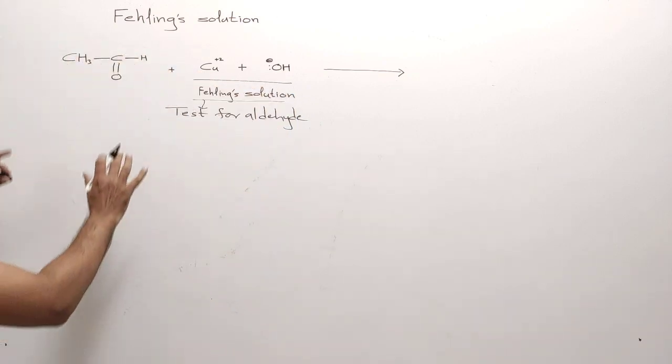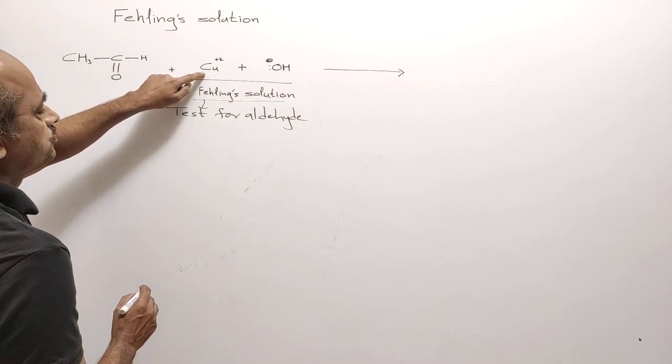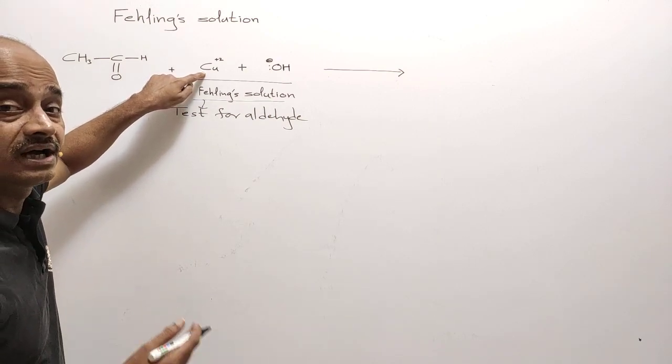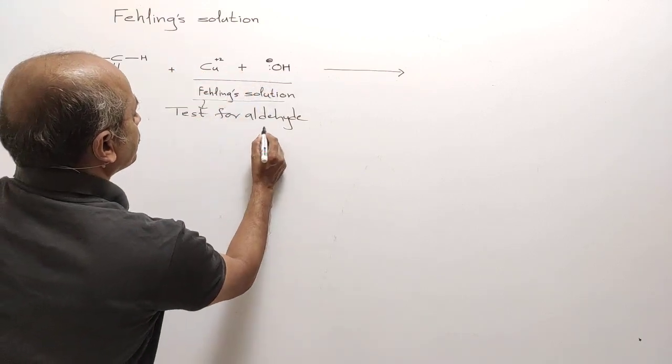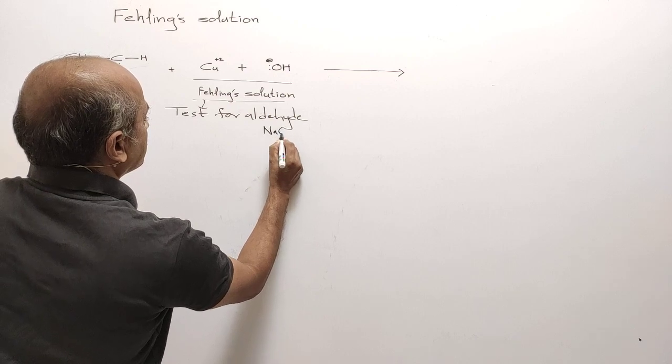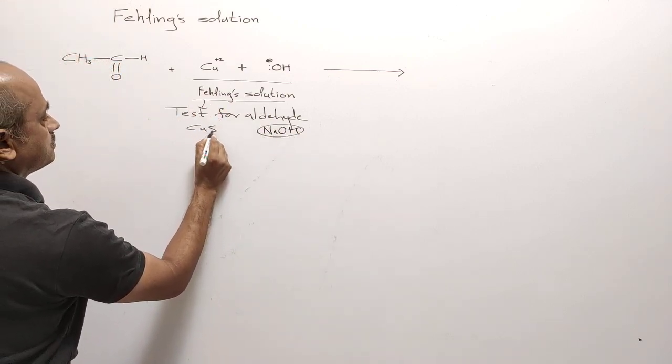Yes. Fehling solution. Now this has copper plus 2, cupric ions, and OH minus ions. These OH minus ions come from NaOH, and copper plus 2 comes from CuSO4.